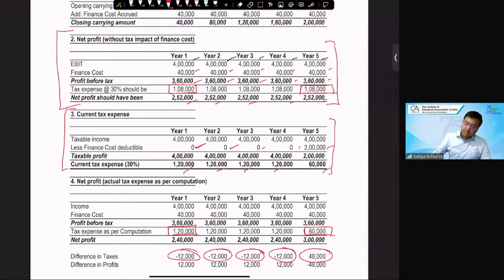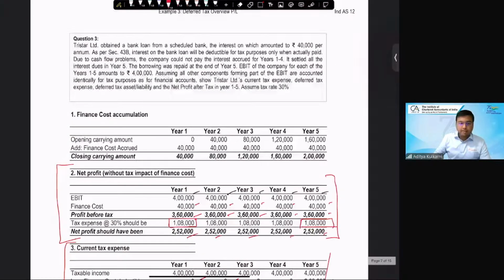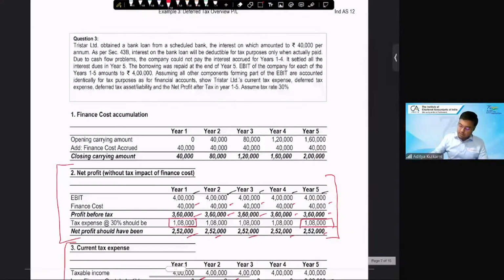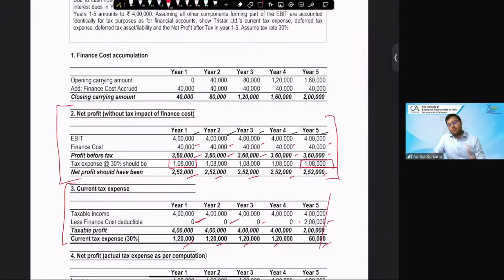Because what they are saying is, interest will be deductible for tax purposes only when it is actually paid, and they have not paid the interest for the first 4 years. So when they have not paid interest, it will not be allowed as a tax expense. That is why for the first 4 years it is zero. In the fifth year they are paying for all the 5 years. So 40,000 into 5, 2 lakh rupees.